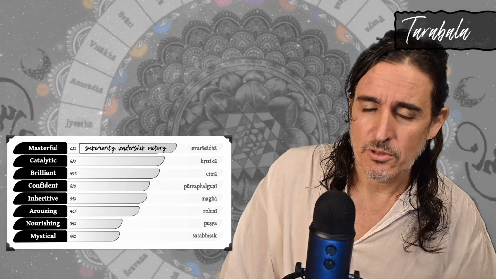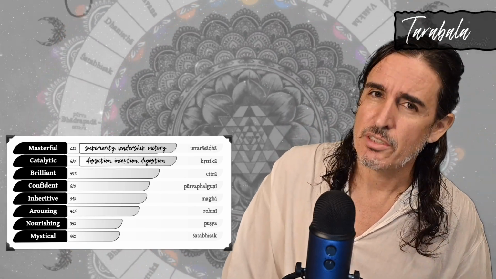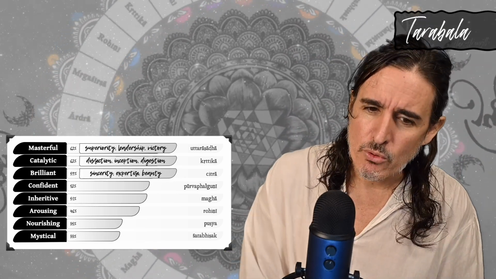When you feel ready, you can add secondary words for each nakshatra. So for Uttarashada, we can add superiority, leadership, victory. For Kritika, we can add dissection, inception, digestion. For Chitra, sincerity, expertise, beauty. For Purva Palguni, assertion, proposal, initiative.